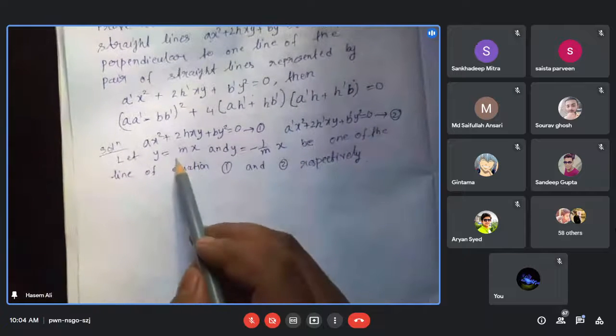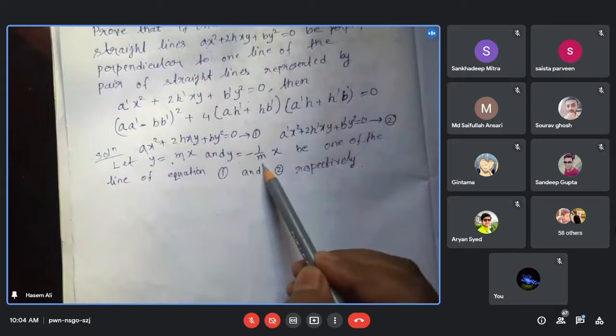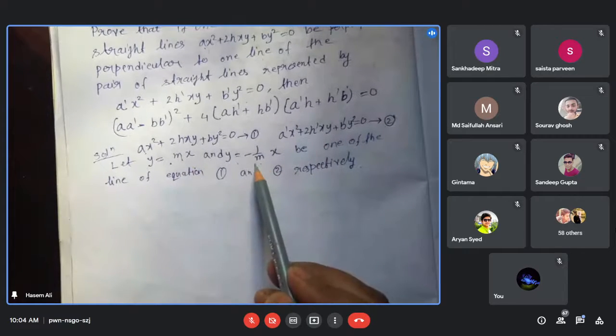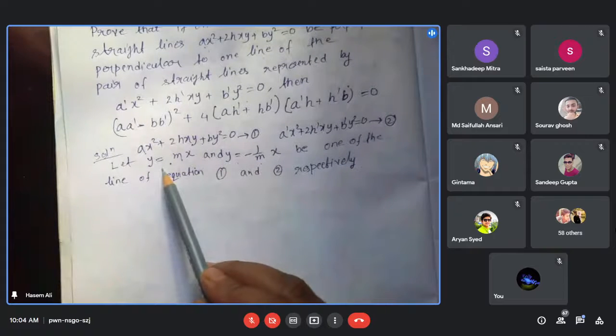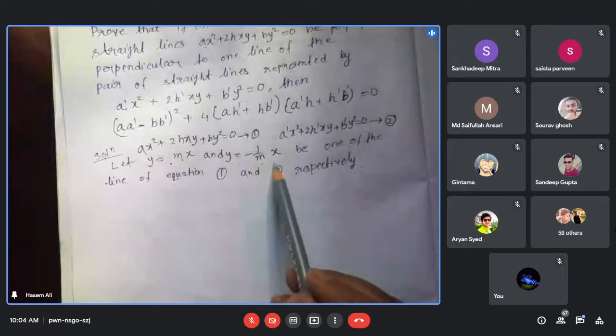That means y equals mx from this pair of straight lines and y equals minus 1 by mx from this pair of straight lines. Since they are perpendicular, if one is y equals mx, then another will be y equals minus 1 by mx.